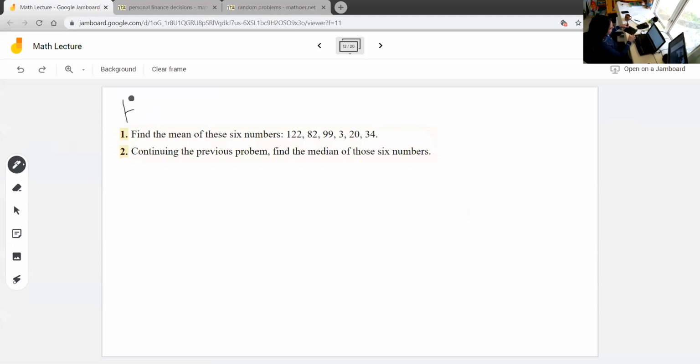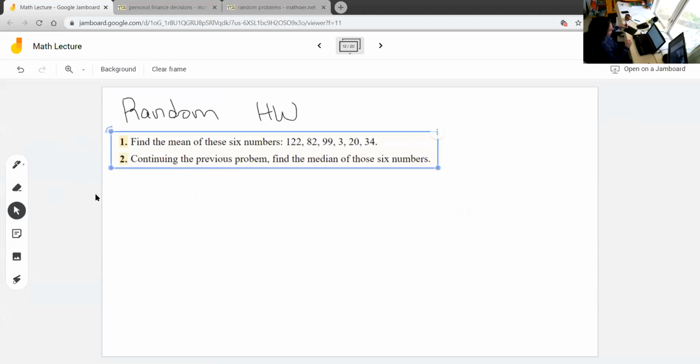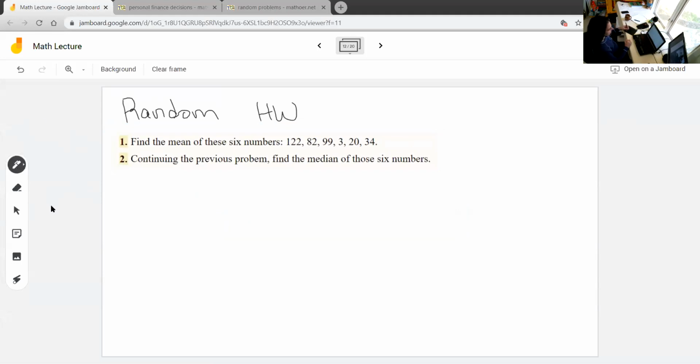Random. Okay, so try these. I will do them in a moment. Find the mean and median of those 6 numbers. And then it's 11:30, so we'll be done.